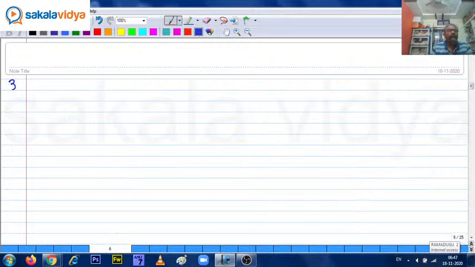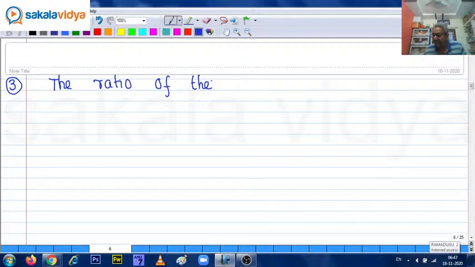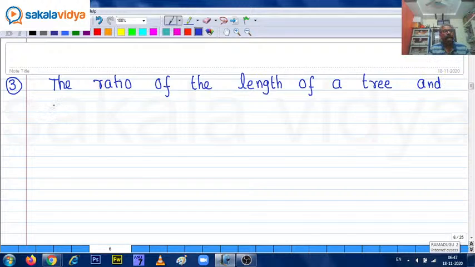So now third question. The ratio of the length of a tree and its shadow is 1 is to 1 upon root 3.